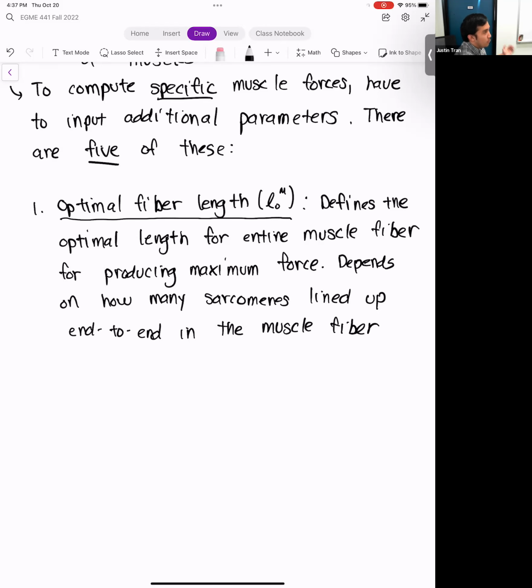If you have like 100,000 of them lined up, then the optimal length for the entire fiber will be 100,000 times those sarcomeres. And so there's actually a formula for this. The optimal fiber length is equal to N times LOS.